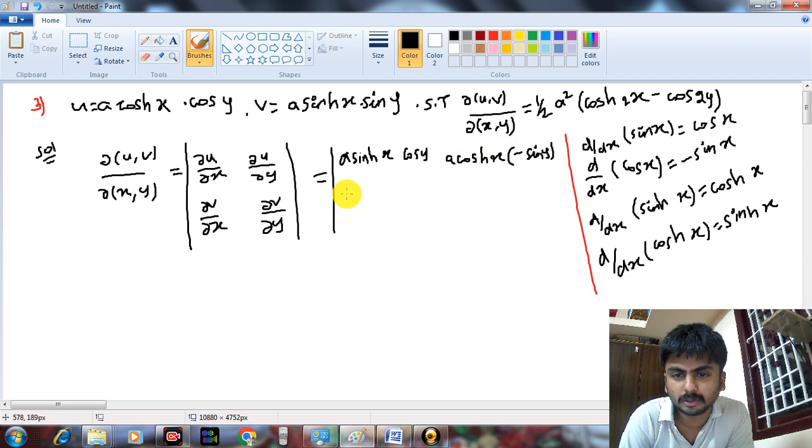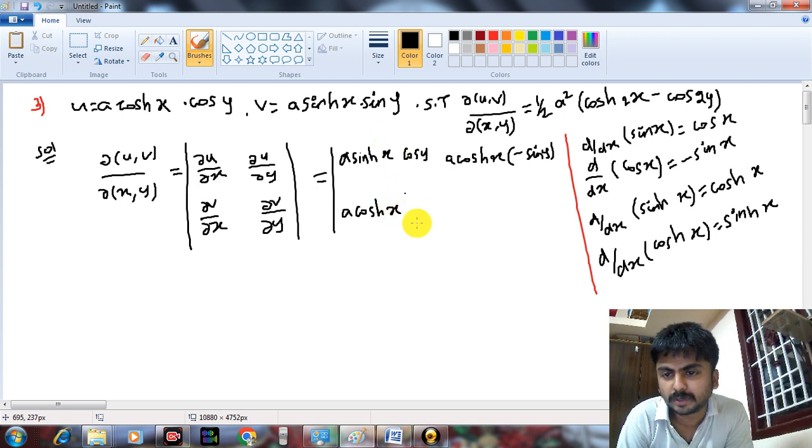And here dou v by dou x. When you differentiate with respect to x, sin y will act as a constant, so the differentiation of sinh x is cosh x, and the differentiation of sin y is cos y.